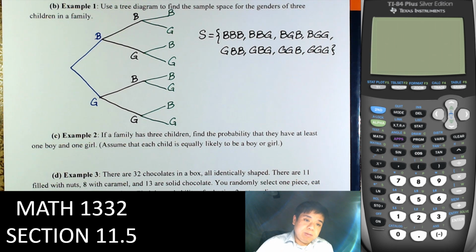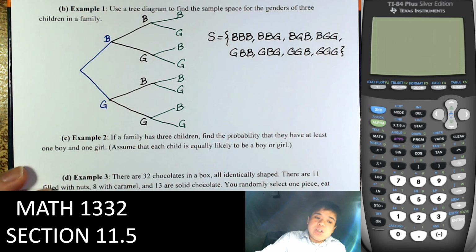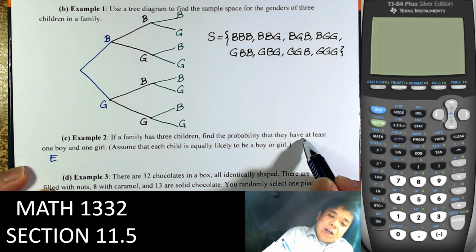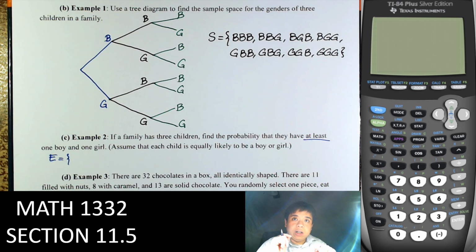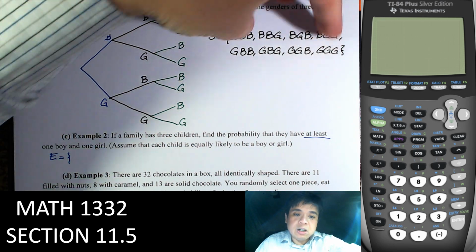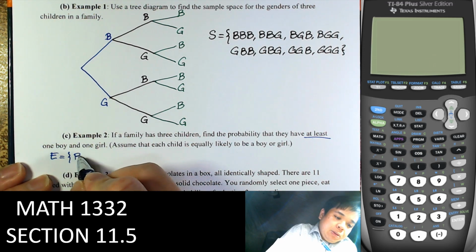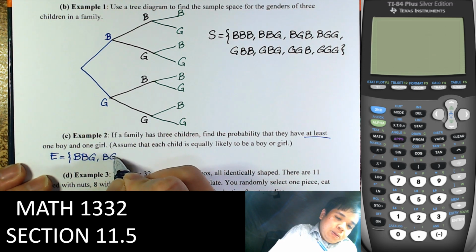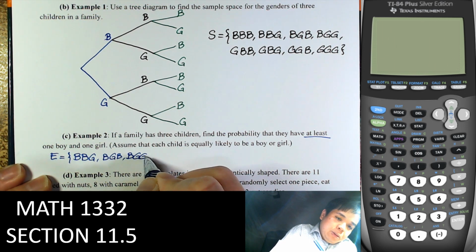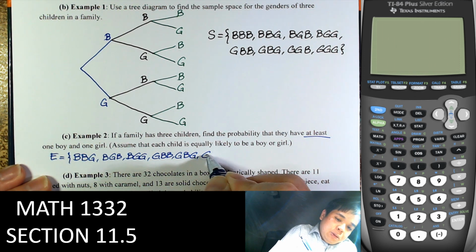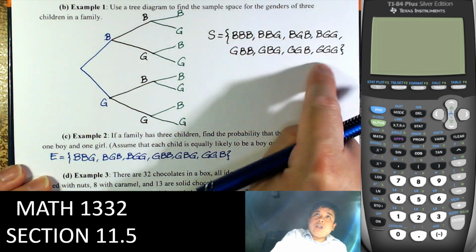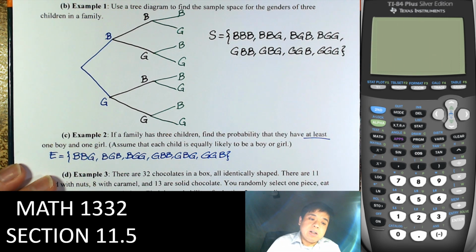If a family has 3 children, what is the probability that they have at least 1 boy and 1 girl? We just count. Event E is at least 1 boy and 1 girl, so excluding the cases of all boys and all girls, that's what is left. There are 6 of them.